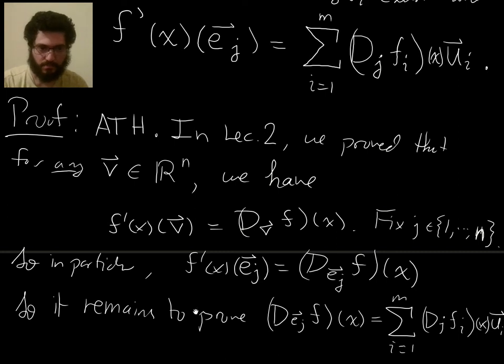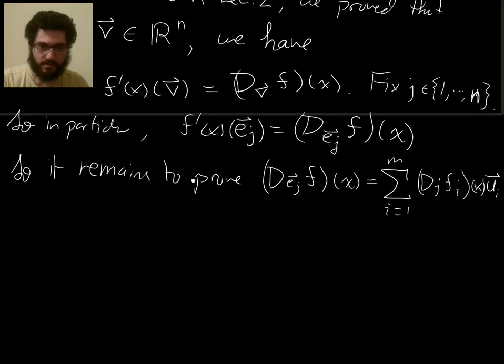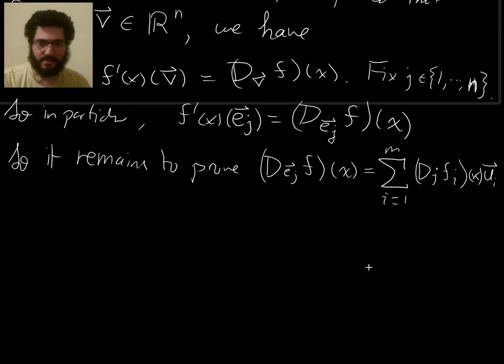And part of our proof, I guess, is to also show that these exist. So we know this exists. That was part of a previous lecture. But also we still need to show that these exist, in addition to showing, after they exist, that this equality holds.